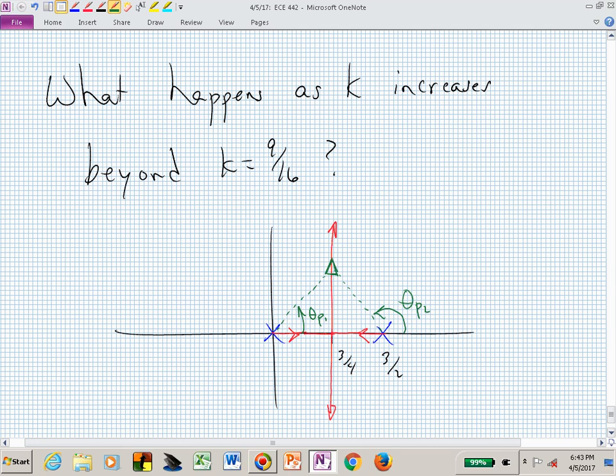Now that they're congruent triangles, what do we know? We know that those interior angles, those acute angles, that theta P1 is in fact that angle. It's equal. And now we know that yellow arc and theta P2 form what? Supplementary angles?